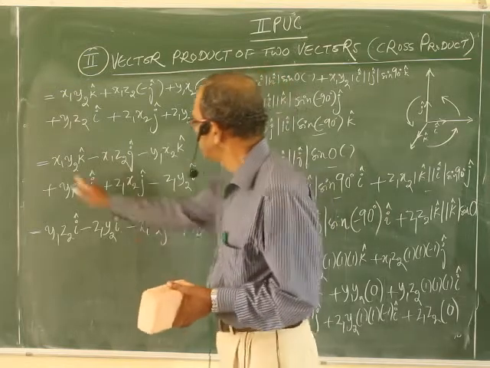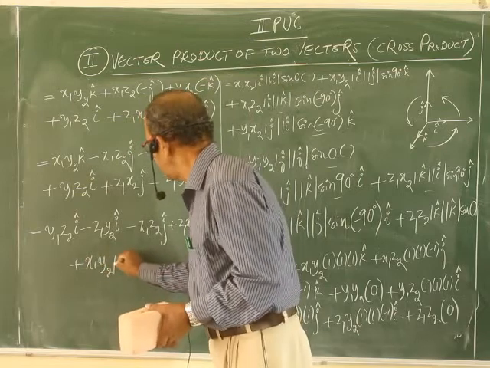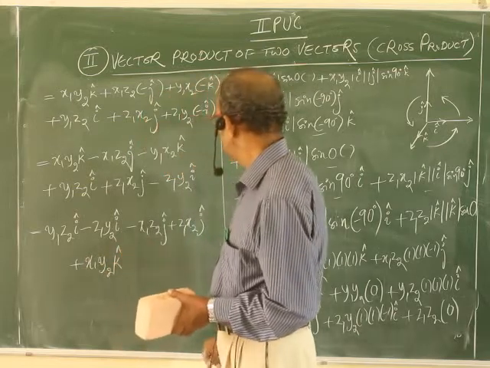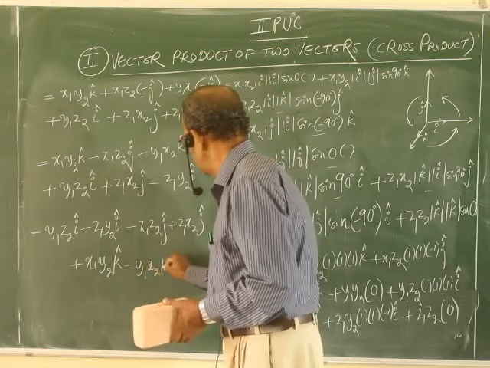Finally the k terms: x1 y2 k minus y1 x2 k.